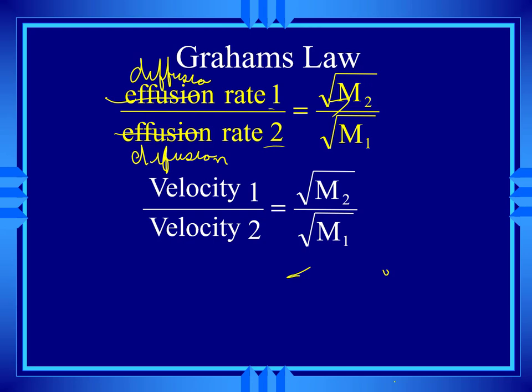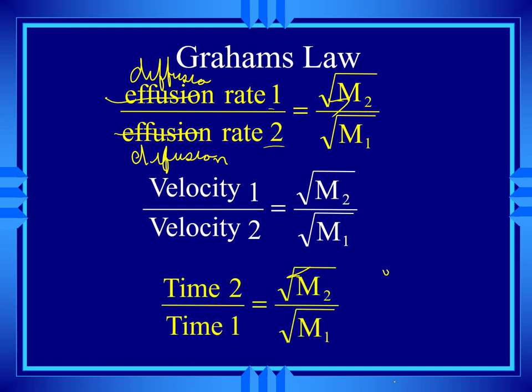Lighter, shorter, lighter, faster time. So as weight goes up, time goes up. So time and mass are directly related. So the bigger mass will take the longer time, so they're directly related. So time is the inverse of velocity, so time is directly related to mass.